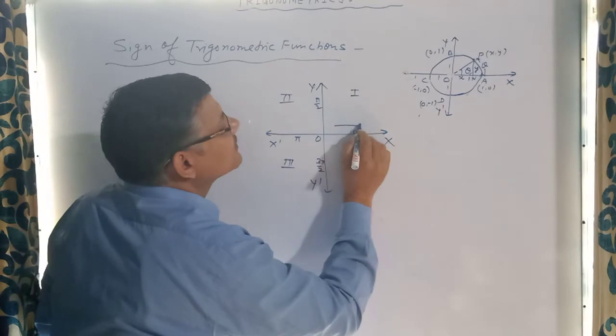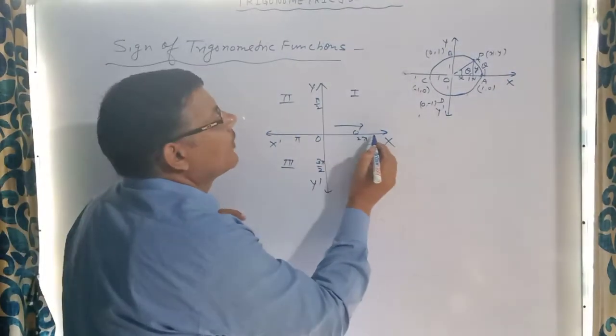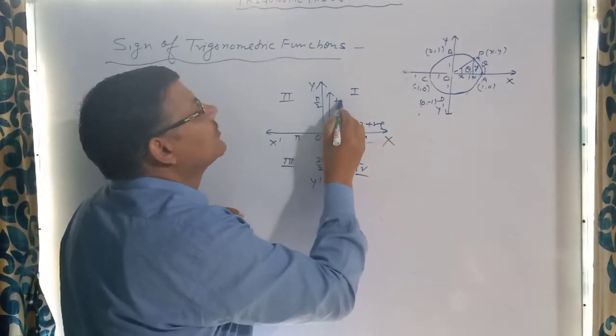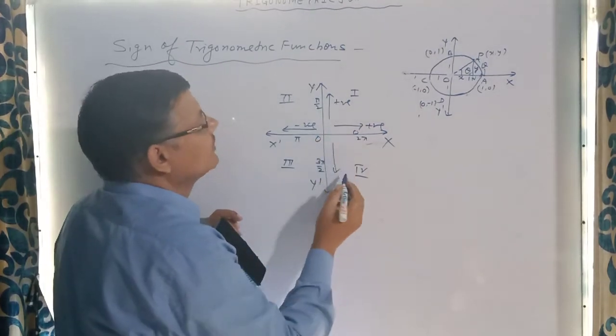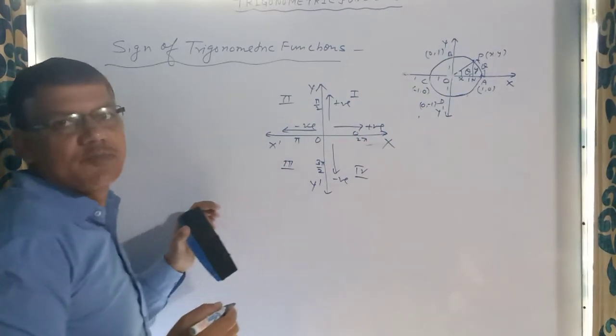So from this, what about the value of horizontal distance? This direction is positive, this direction is negative, and this direction is negative. So what are the signs of the respective quadrants?